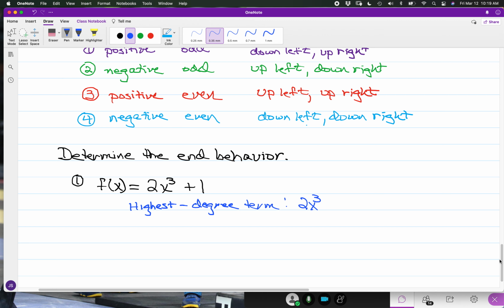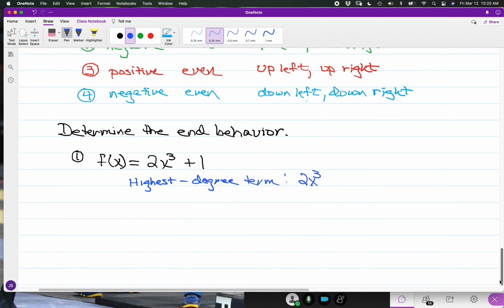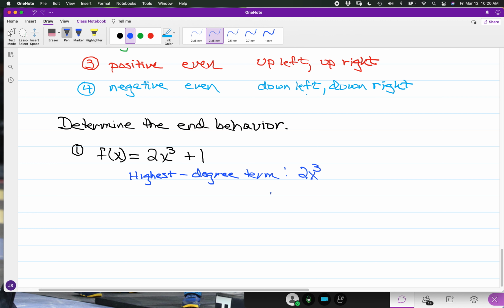And again, the significance: the leading coefficient, a of n, is in reference to 2, and 2 is positive. And for the degree itself, that's defined by 2x cubed, where x is to the third power, so n is equal to 3. So this is going to be an odd value.